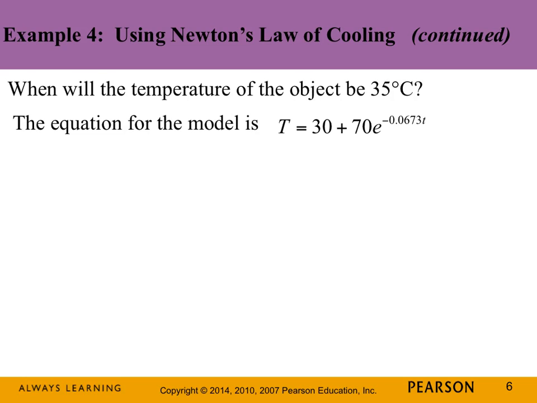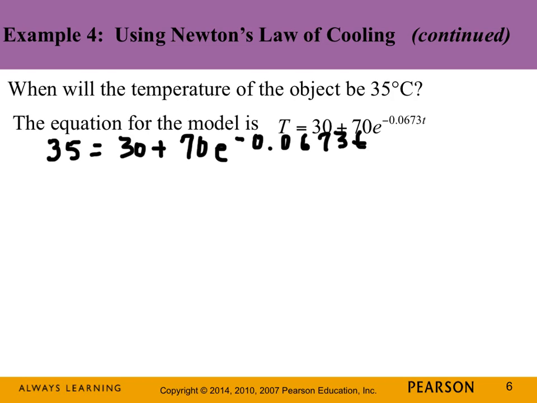Next, we're asked when the temperature will be 35 degrees Celsius. So we start with 35 equals 30 plus 70 e to the negative 0.0673 times t. Subtract 30 from both sides.